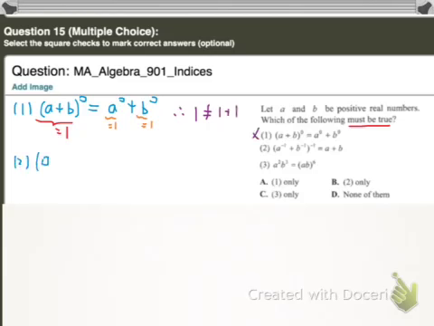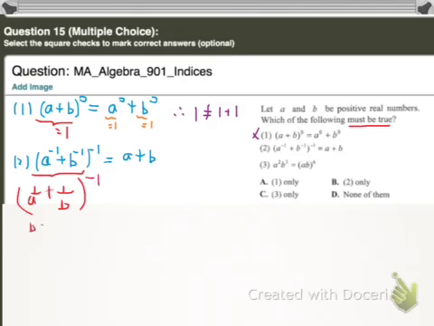Now what about statement number 2? We got a to the minus 1 plus b to the minus 1. And does that equal a plus b? So let's check it out. So a to the power minus 1 means 1 over a, and all that 1 over b again. So the common denominator in this case is ab.